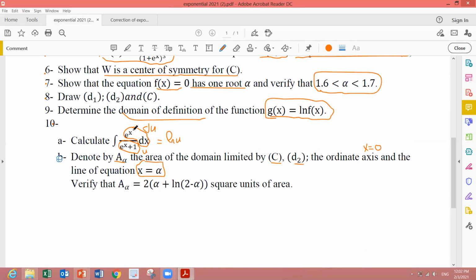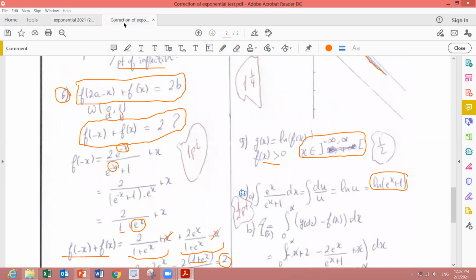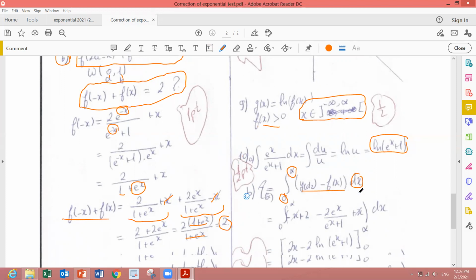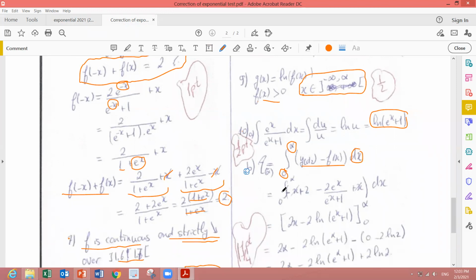So the area between a curve and a line, since D2 is above C, the area equals the integral from 0 to alpha of y of D2 minus f(x) dx.